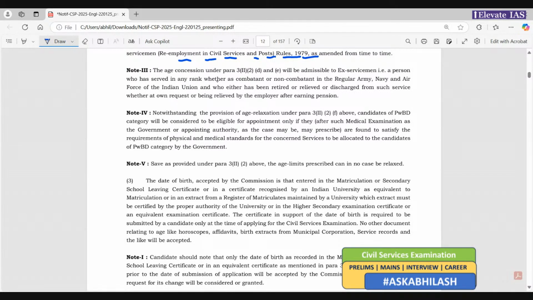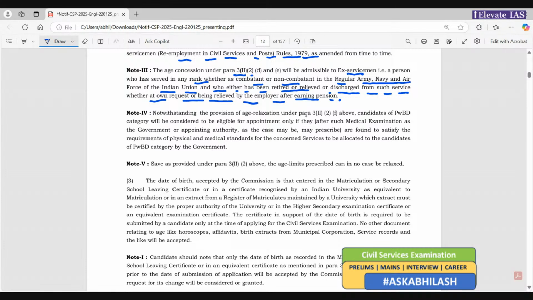And for age concession, again para 3 clause 2 to D will be administered to an ex-serviceman who has served in any rank, whether as combatant or non-combatant, in the regular army, navy and air force of the Indian Union, and who either has been retired or relieved or discharged from such service, whether at own request or being relieved by employer after earning pension.